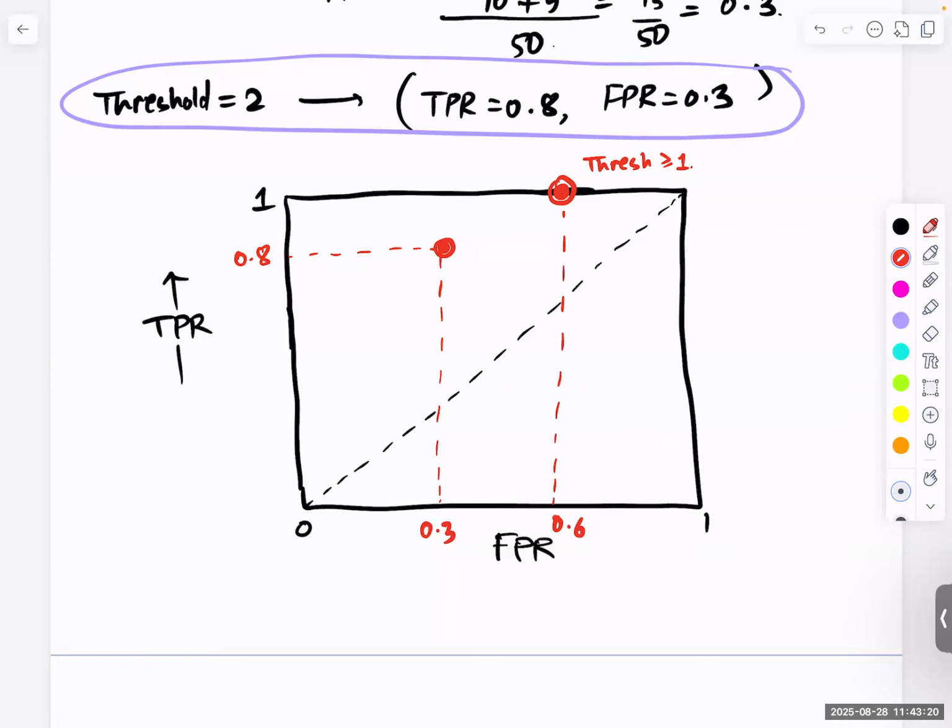So this is threshold greater than or equal to 2, and this is threshold greater than or equal to 1. And then you can run the thing for others as well. So let's see, what will that be? My numbers are telling me 0.1 and 0.5. So somewhere here. So this will be threshold greater than or equal to 3. And then 0 and 0.2. Okay.